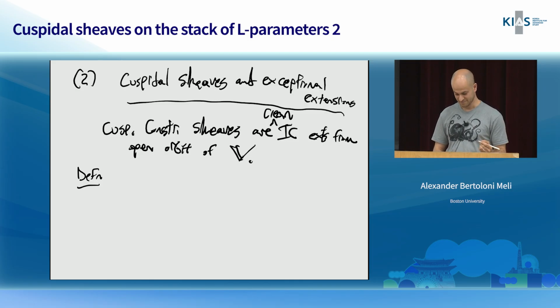Okay. What I want to try to do now is, we have some constructible statement, and we want to get an analogous coherent statement. That's what I'm trying to do. But we need a definition here that will seem unmotivated.